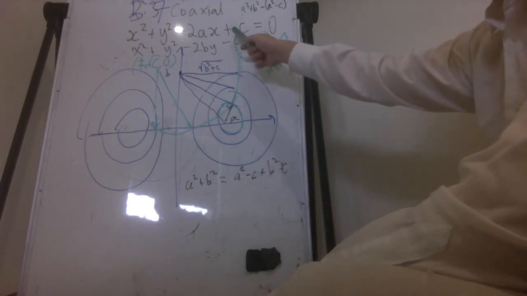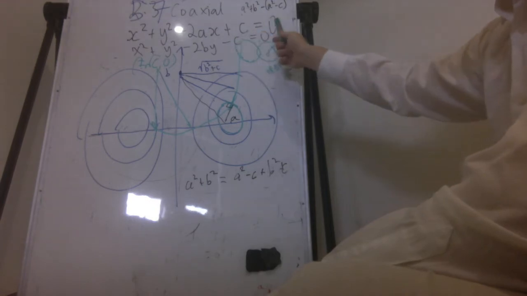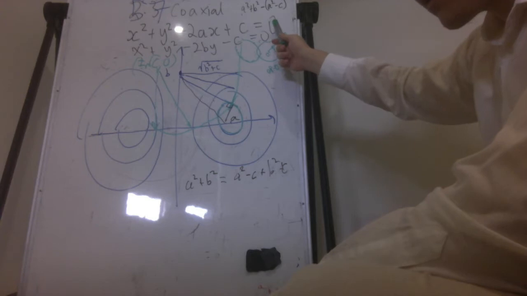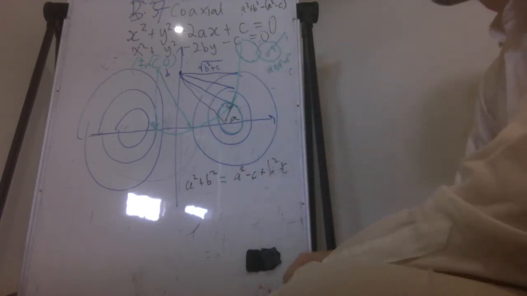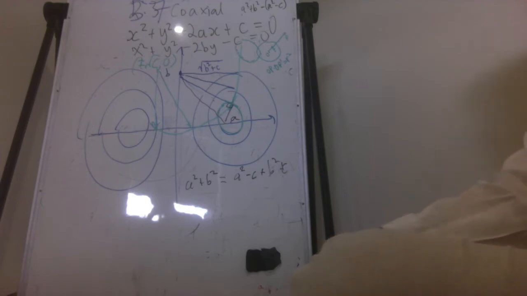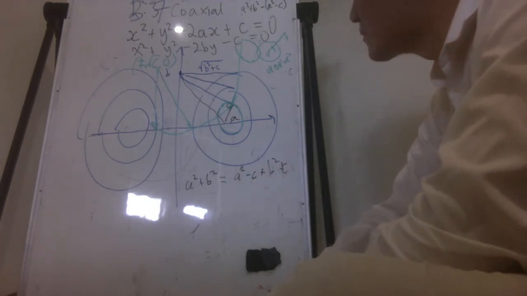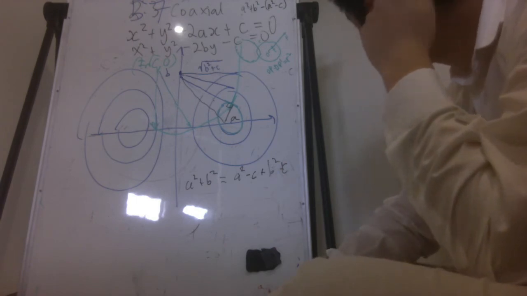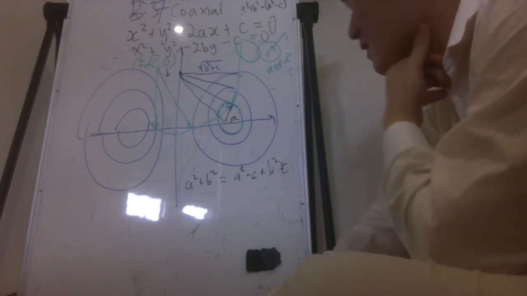So you have A squared minus C. C is positive, negative. A squared minus C can't be negative, yeah? Yeah, so when C is positive, that's when it has a chance of being negative. Okay.